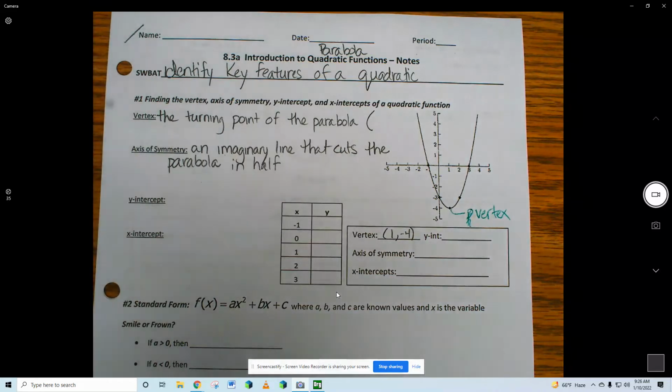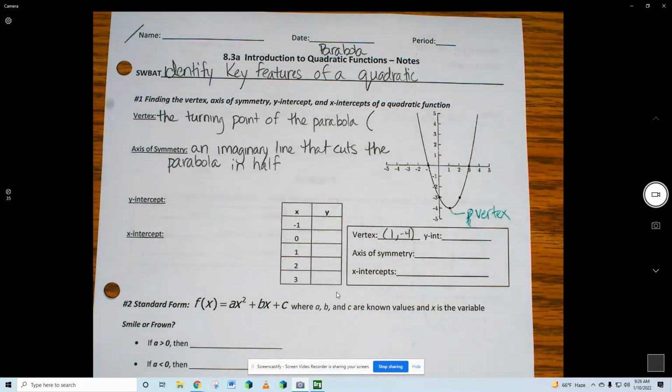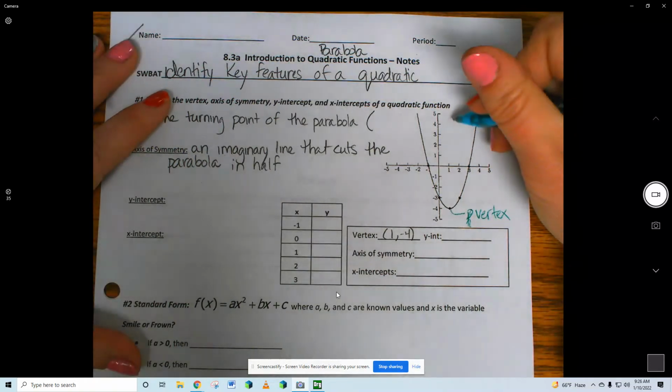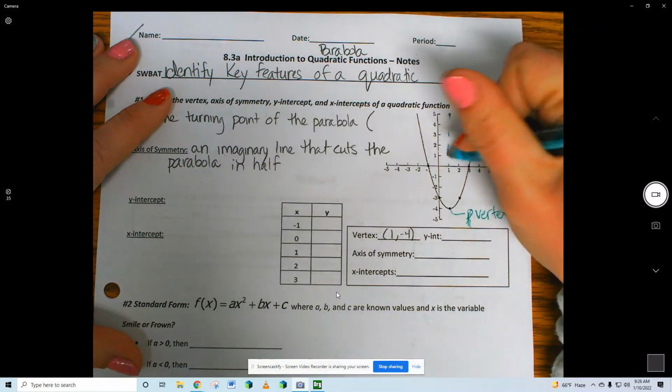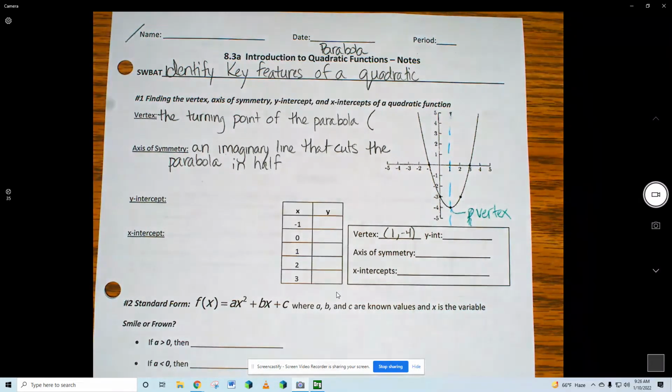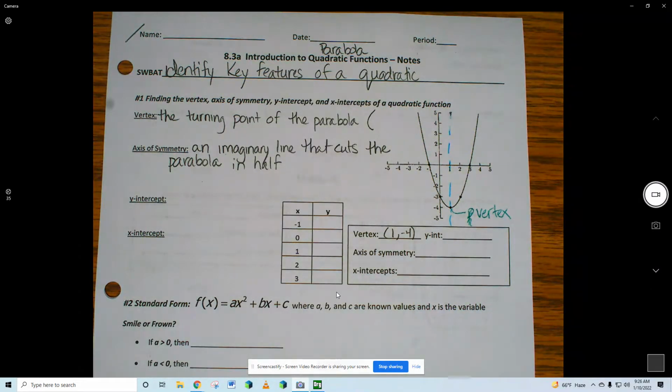So my axis of symmetry on this graph, think where this parabola would be cut in half. It would be cut in half straight down the middle. I want you to draw a dotted line straight down the middle of the parabola because the left side matches the right side. If I folded this parabola in half, the left side matches the right side.